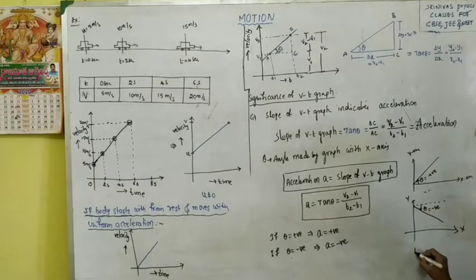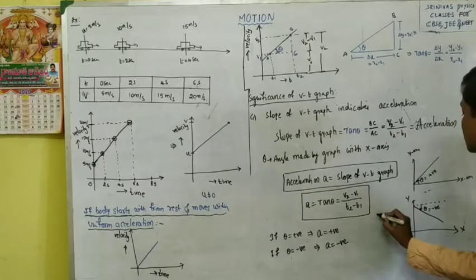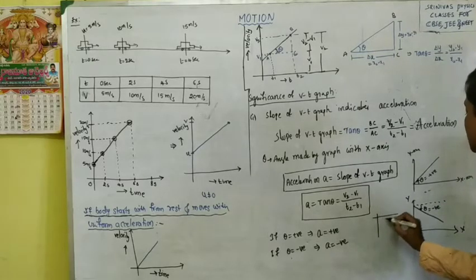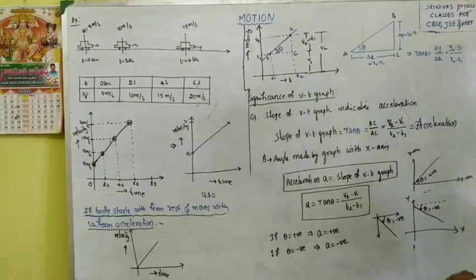Similarly, if this is the x-axis and this one is the graph, and the angle theta is below the x-axis, we will take it as negative. Below the x-axis means a clockwise angle, which we take as negative, and anti-clockwise angle is positive.